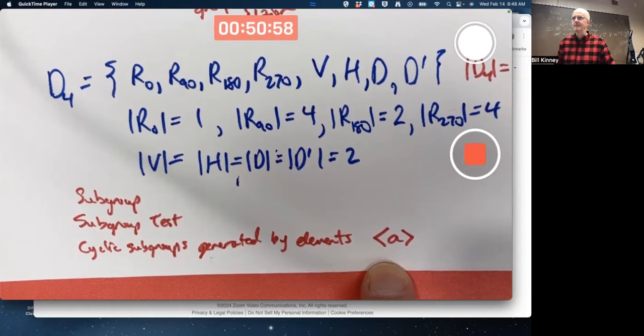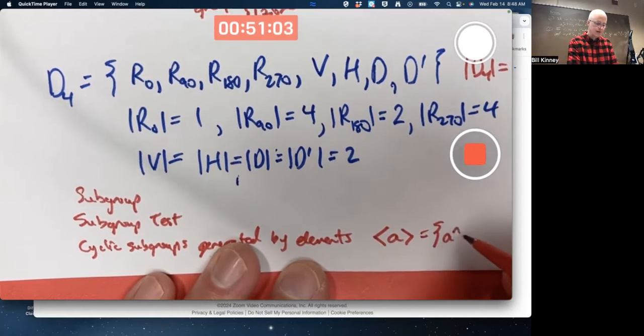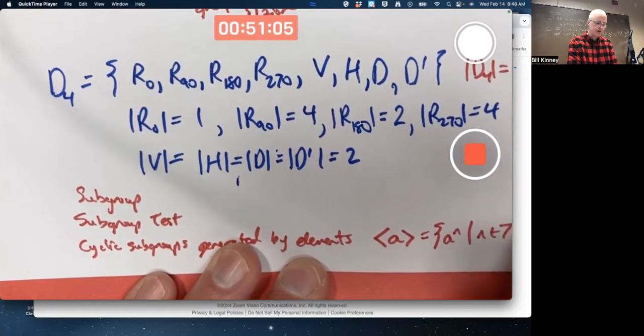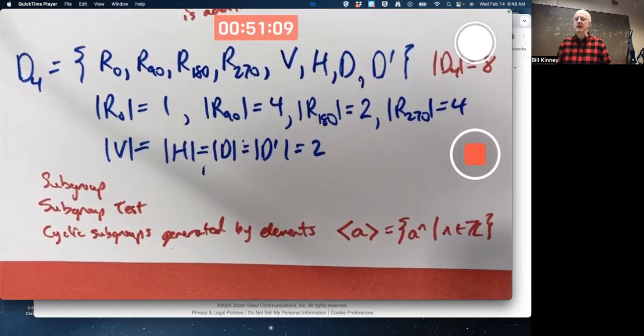But it's a different idea. This is the set of all powers of A as n ranges over the integers. Very, very important kind of subgroup. Turns out it is a subgroup, and you can use one of the subgroup tests to verify that. So be looking for these things, whether in the lectures or the reading or both.